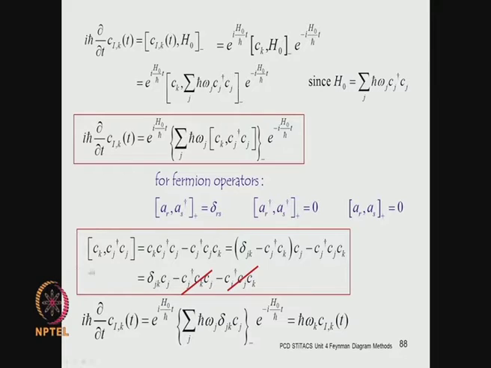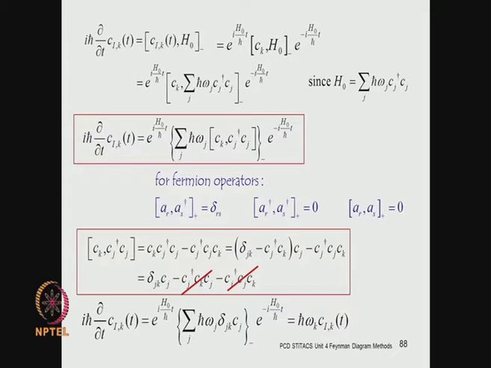And now you can plug in this delta_jk C_j over here and then sum over j. With this Kronecker delta, only the term with j equal to k survives, and this is the solution that you get now. So, the time derivative of C is proportional to C, and that has a very simple solution.